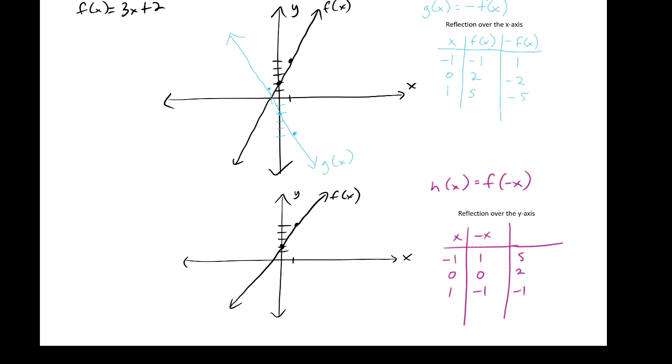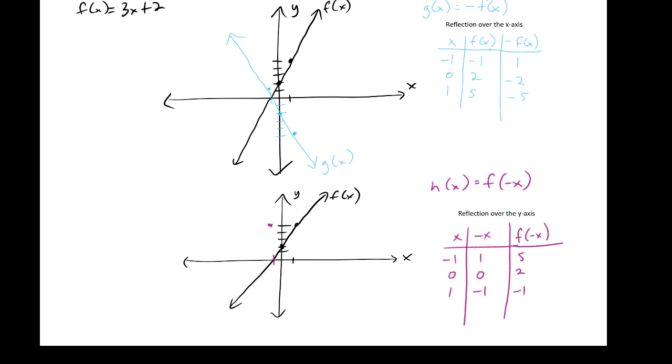Okay? Let's see what that looks like. This is my f of negative x. Up 5. 0, 2.